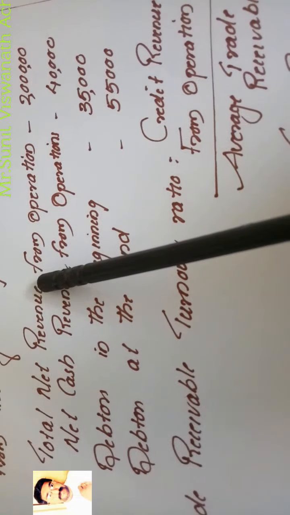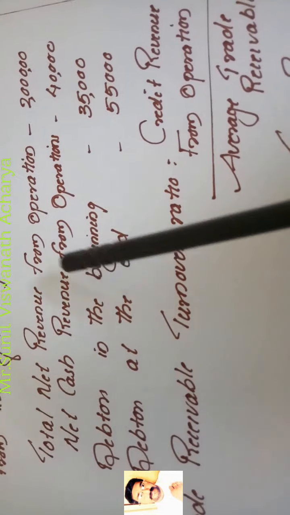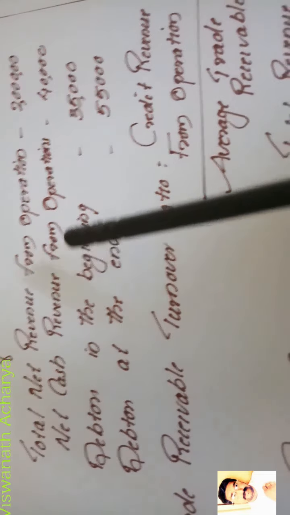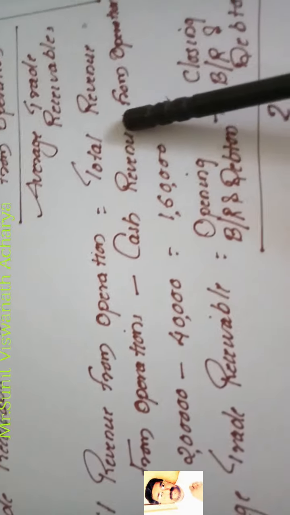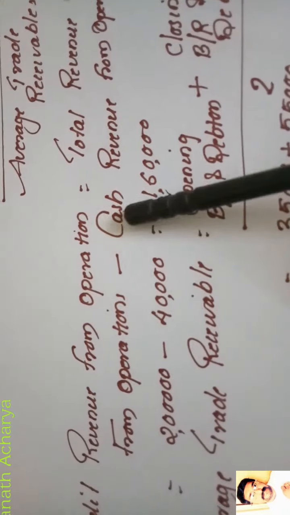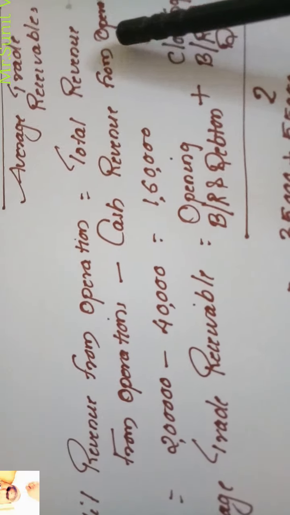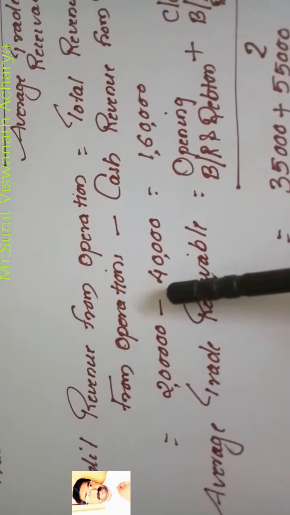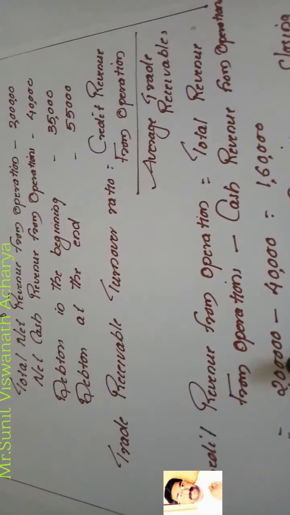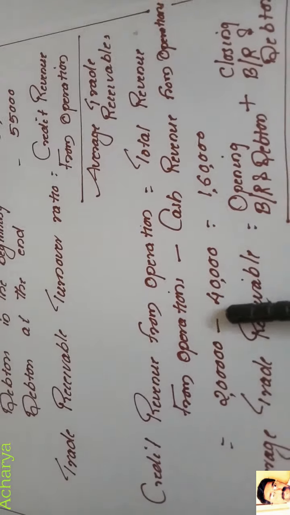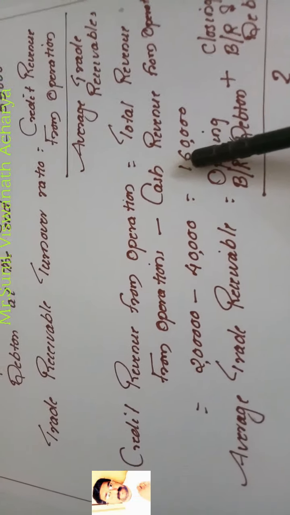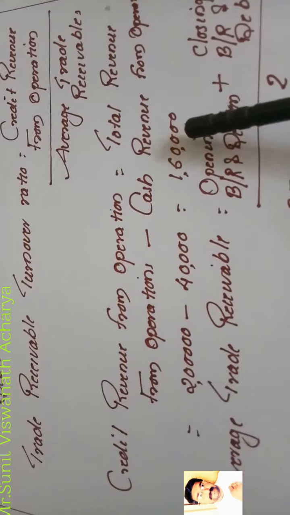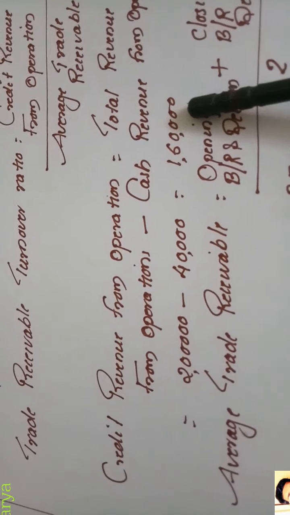So from the total revenue from operation, when you minus cash revenue from operation, you will get credit revenue from operation. Total revenue from operation, it was in the question 2 lakhs, minus cash revenue from operation 40,000. So we will get credit revenue from operation 1,60,000.